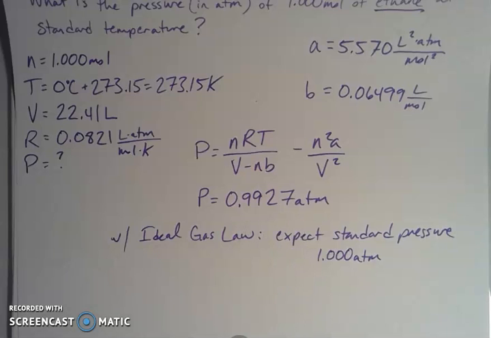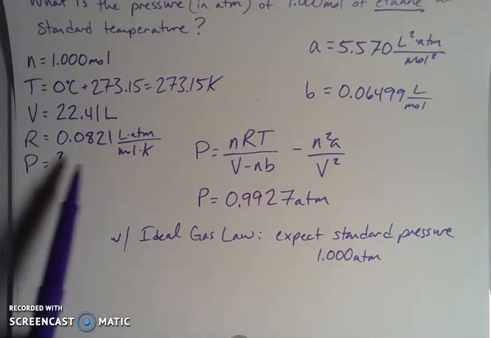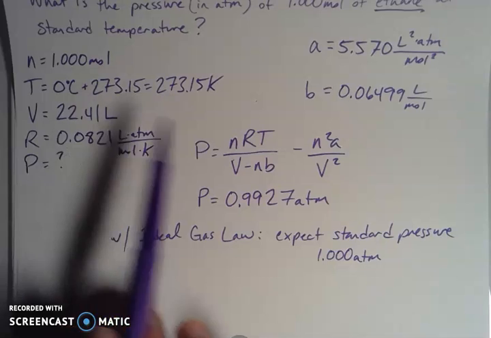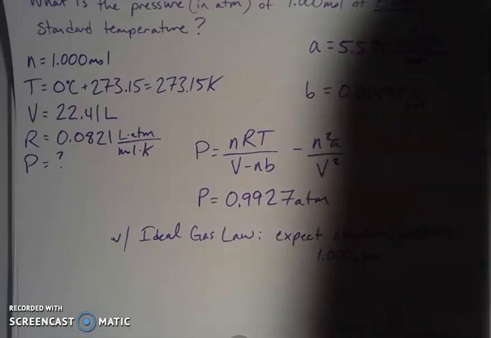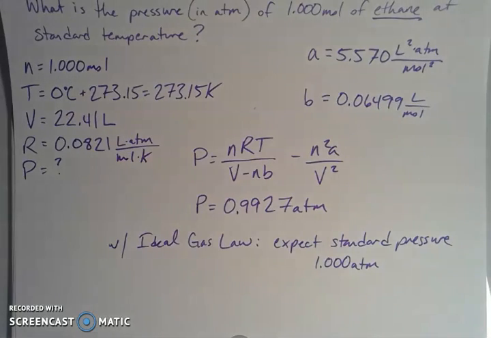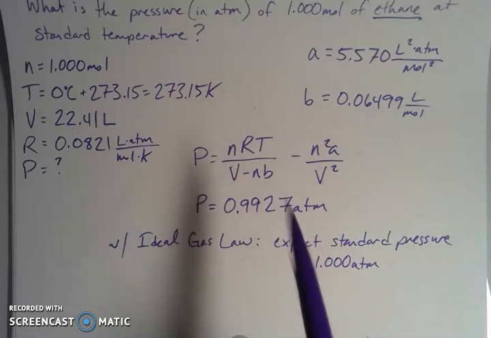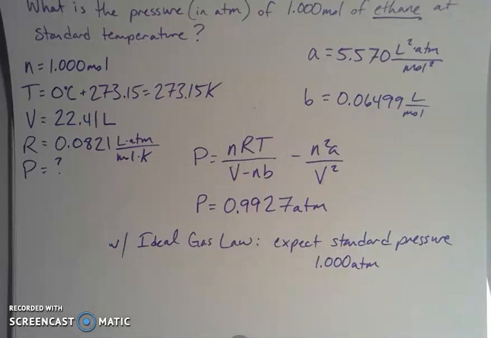Now, that may not be a very impressive difference. It becomes more of an issue when we start tweaking the volume of the container, when we start tweaking the temperatures, when we start looking at less than standard conditions and maybe gases that have a few more interesting features about them. Ethane is non-polar, so it's not going to have a lot of stickiness between molecules. So these numbers are going to be slightly different than something like water vapor, for example, that would be a more polar substance, and that would have more of an impact on how it interacts with itself.